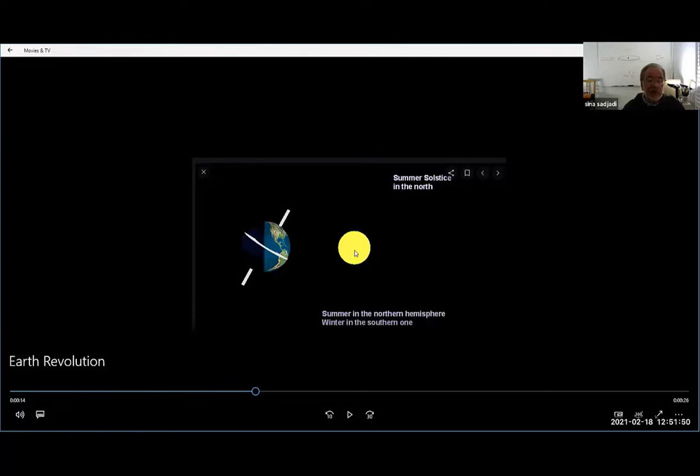So when the sun rises, it rises 23.5 degrees above the celestial equator, north of the celestial equator. So when the axis of the Earth is pointing at the sun, then the sun is going to be in what we call the summer solstice. For us in the northern hemisphere, that's the first day of summer. For people in the south, that's the first day of winter.